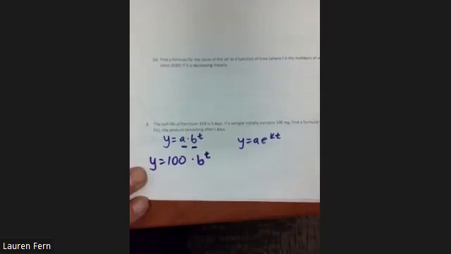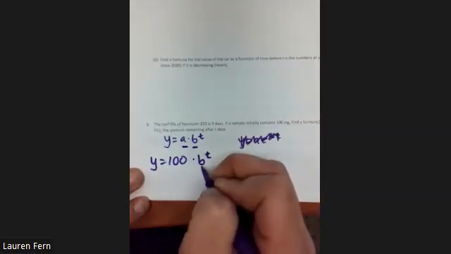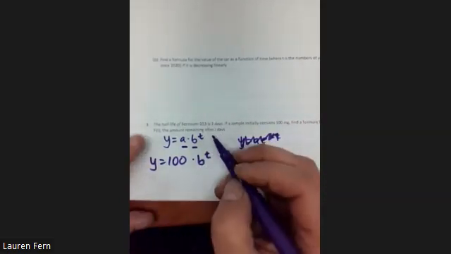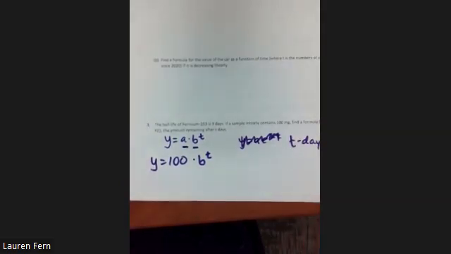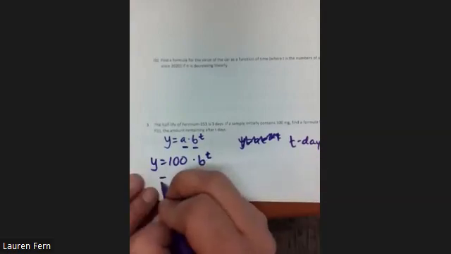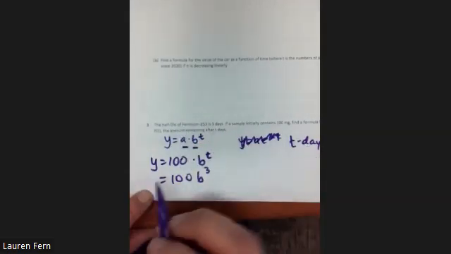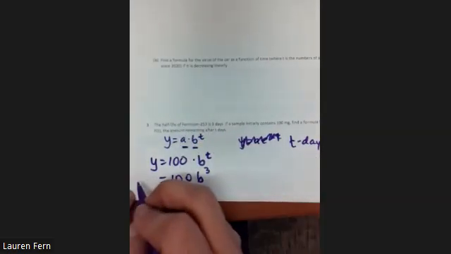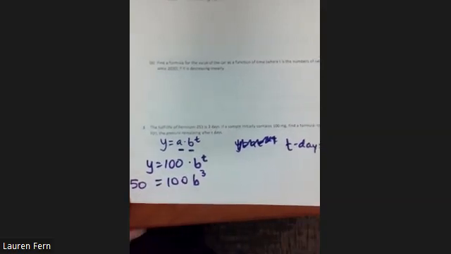Now, what we need to then do is find our value of B. Well, what are we given? We're given the half-life. Notice they tell us to have T defined in terms of days. Aren't we given that when T is equal to 3, we have half of our initial amount left? In other words, if we started with 100, we now have 50.